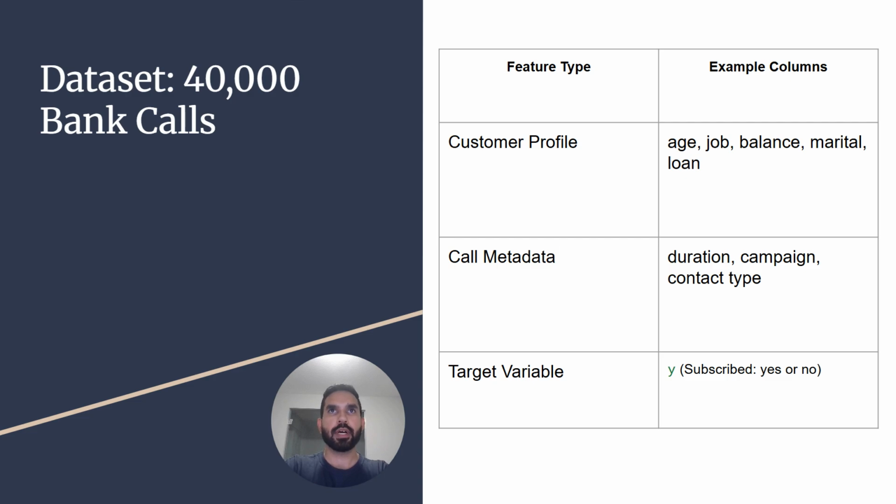And then we have duration, campaign, contact type, so duration of the calls. Campaign means the amount of time the customer was contacted, and the contact type being whether they were contacted with a cell phone or through a telephone. And then finally, we have the target variable Y, which is whether the customer is subscribed to a term deposit or not at the moment.